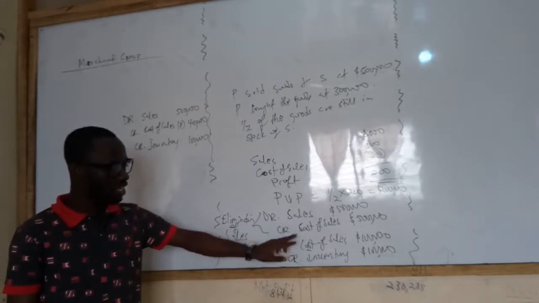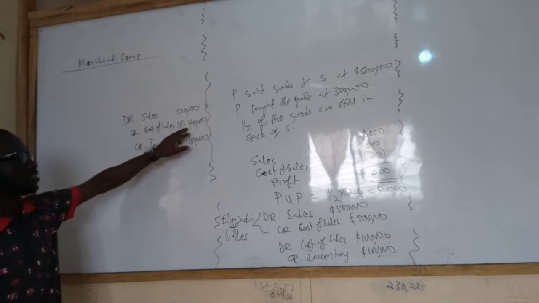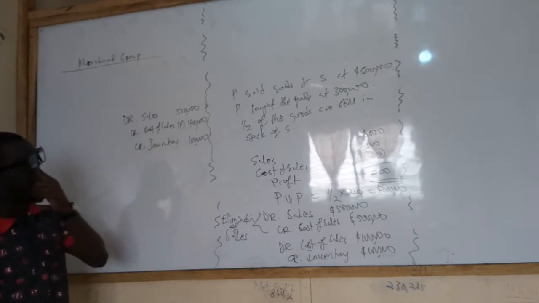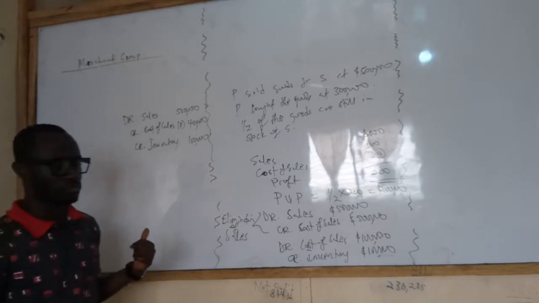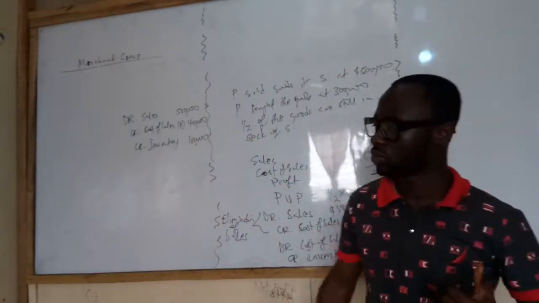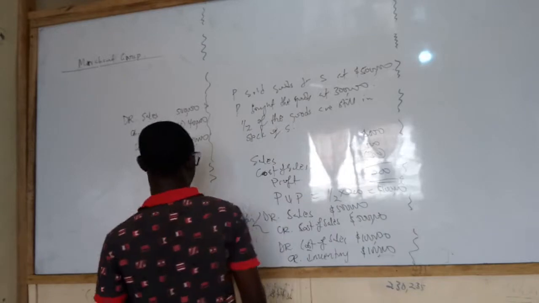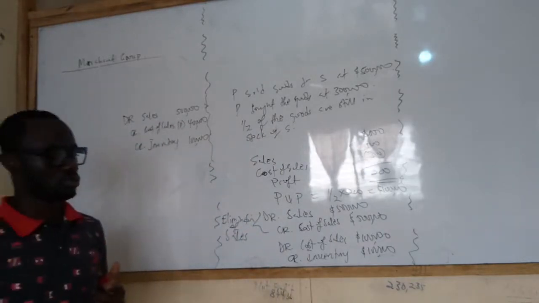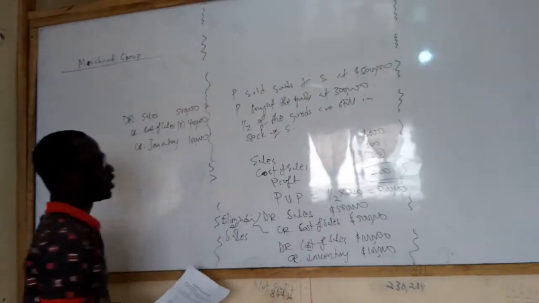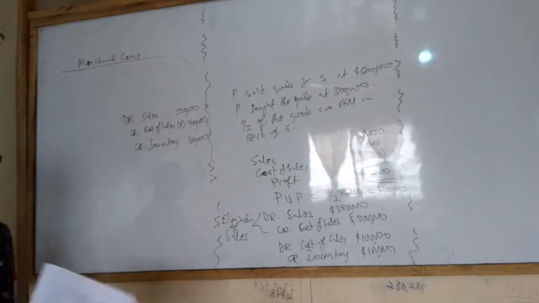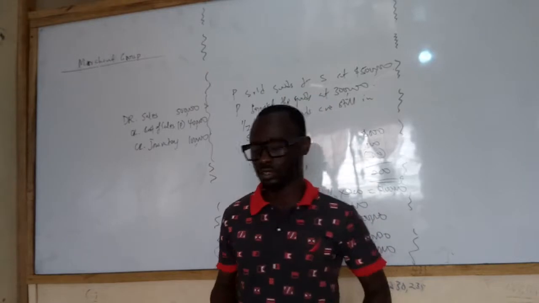So technically, cost of sales will have a net reduction of 400,000. So that is something I wanted to bring to your notice quickly before we proceed. Okay, so let's go on with our question now.